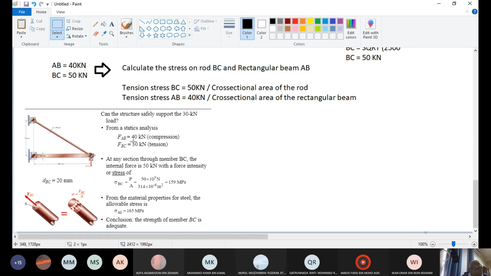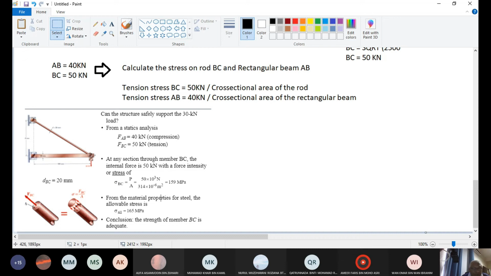So you got the force AB 40 kilonewton, BC 50. It's very simple now: force over area. Area for BC is pi r squared, the cross-sectional area of a rod. So you calculate, it becomes 314 times 10 to the minus 6 meters squared. So the stress at BC is 159 megapascal.